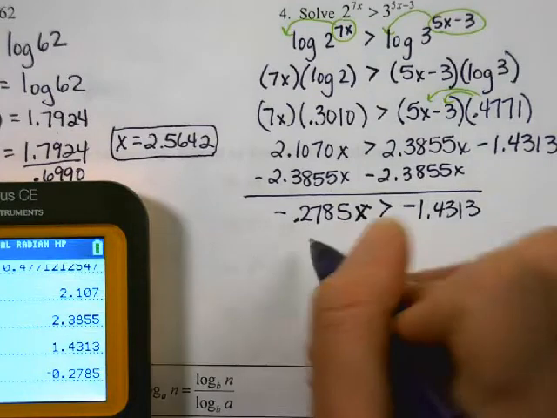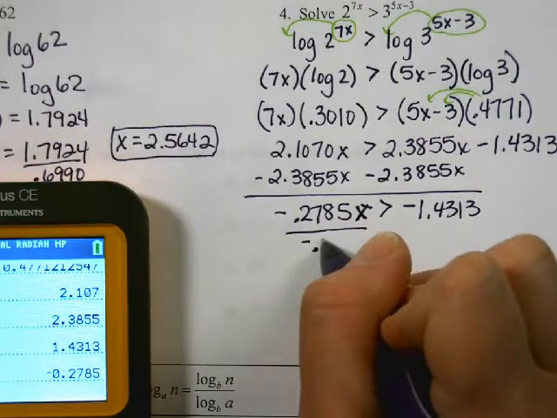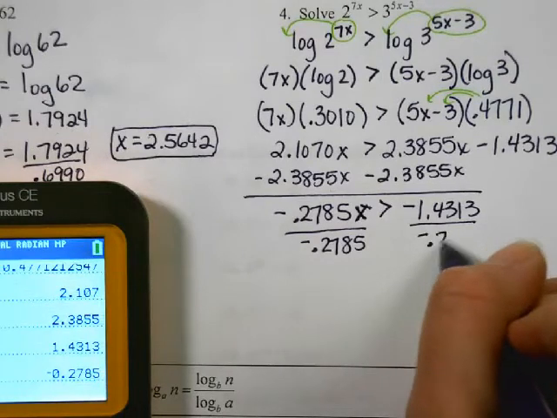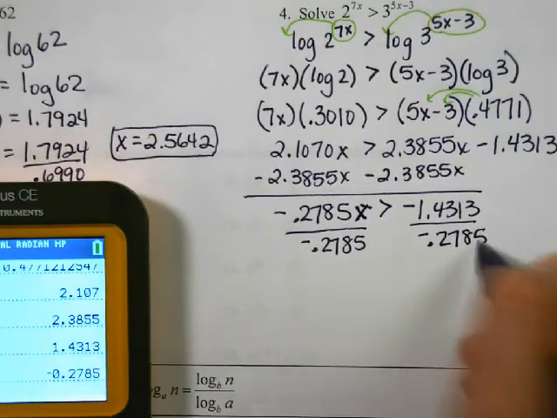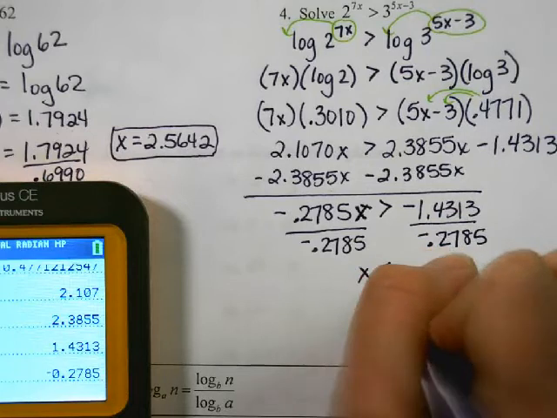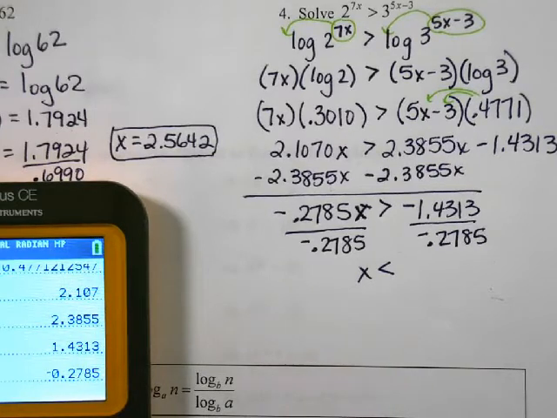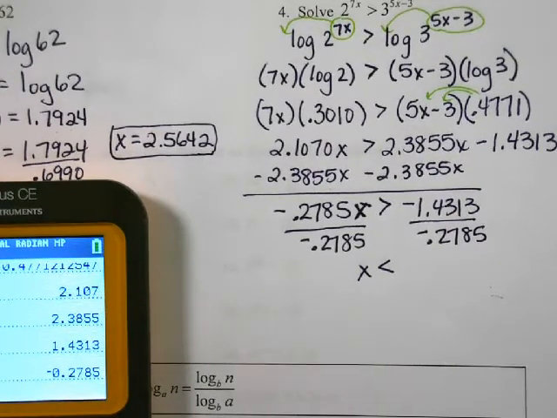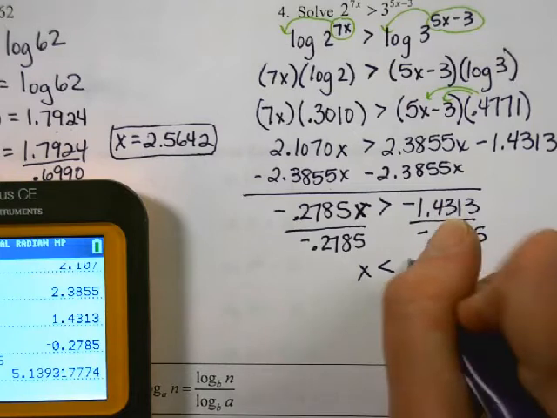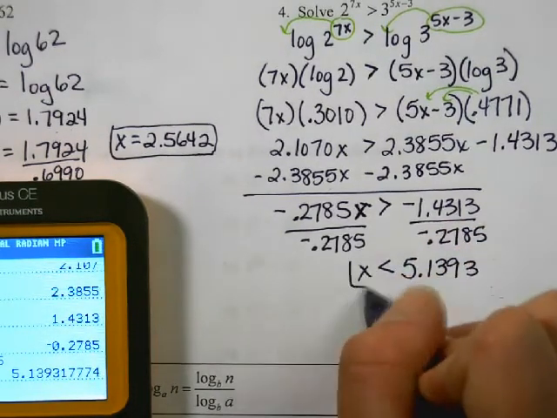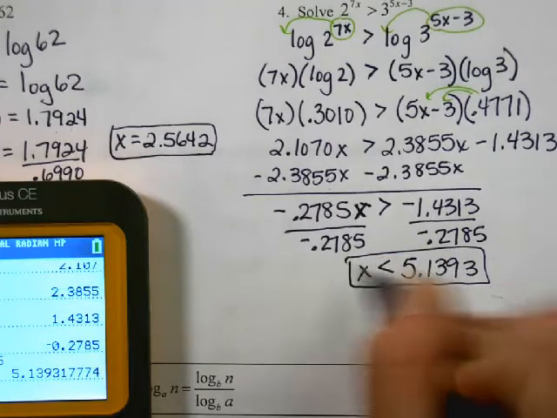What do we have to remember to do with this? Flip the sign. Yep, we've got to flip our inequality, because we're dividing by a negative. So x is now less than 5.1393. Like I said, it should be close. You should have gotten close to that.